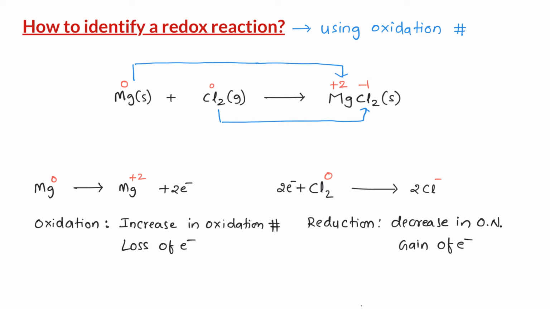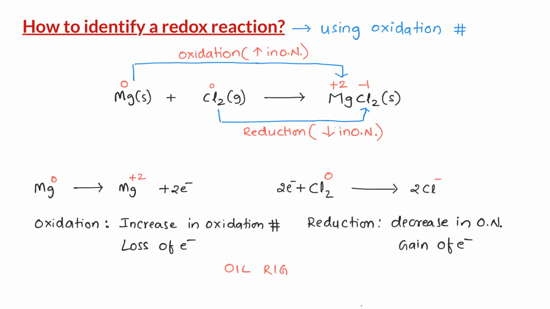You can use the following mnemonic to remember this: OIL RIG, which stands for oxidation is loss and reduction is gain. Now, if we look at this reaction, we can say that magnesium is being oxidized and chlorine is reduced.